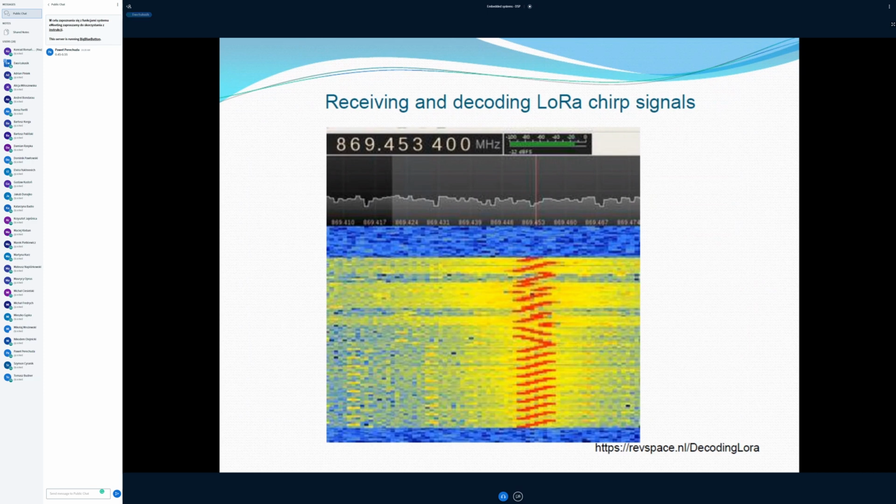Yeah, and it looks like so. This is the frequency change, and the time here is growing.